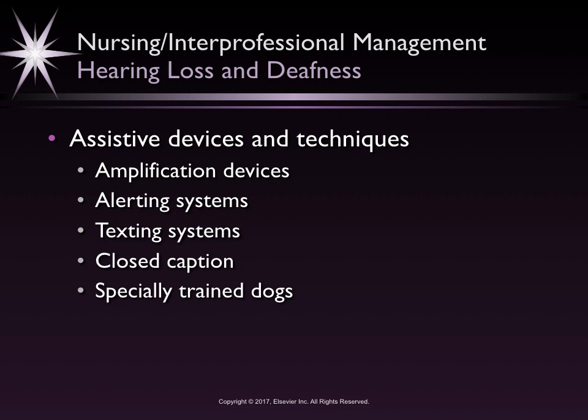There are texting systems that have been used for years with telephones, and closed captions are available on most television stations. In addition, there are specially trained dogs that alert their owners to specific sounds in the environment, which increases their safety and independence.